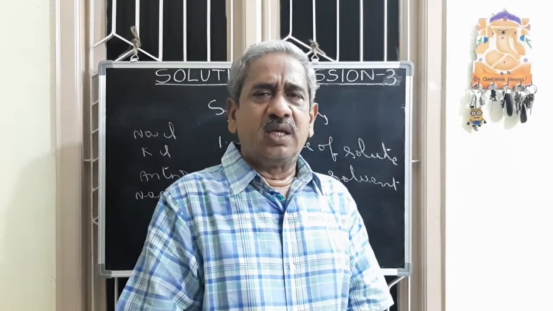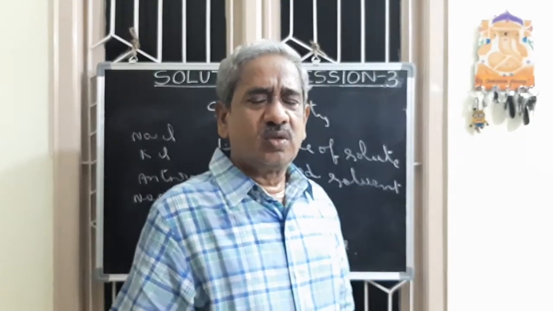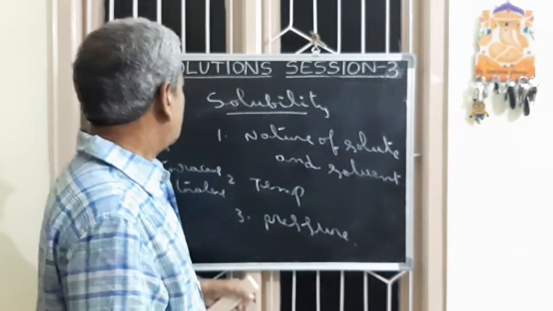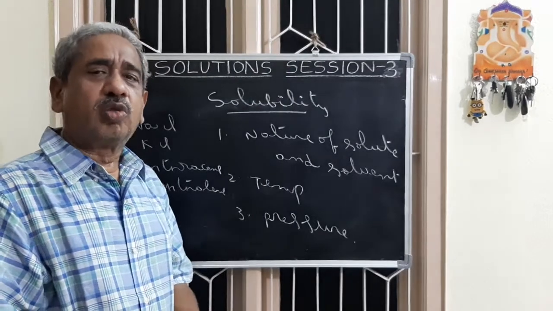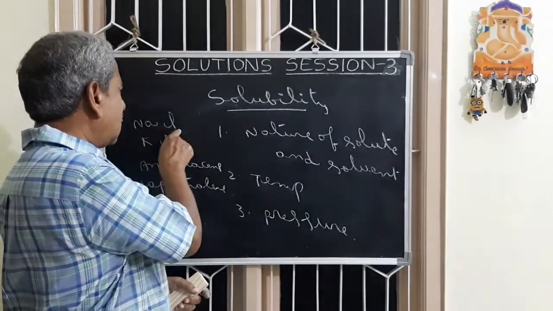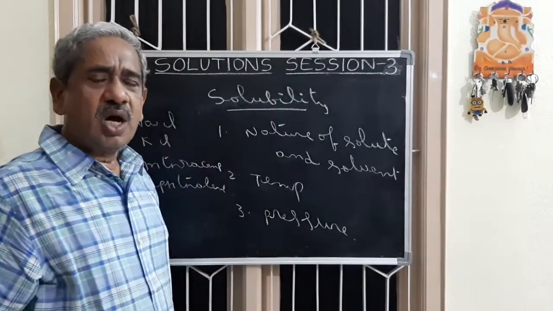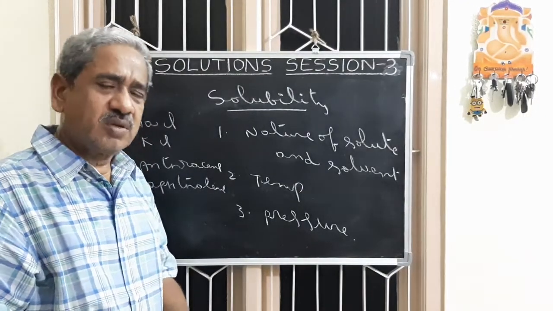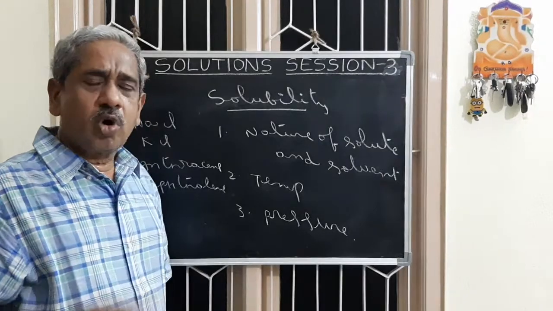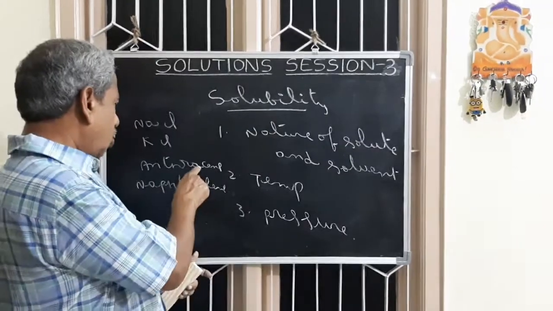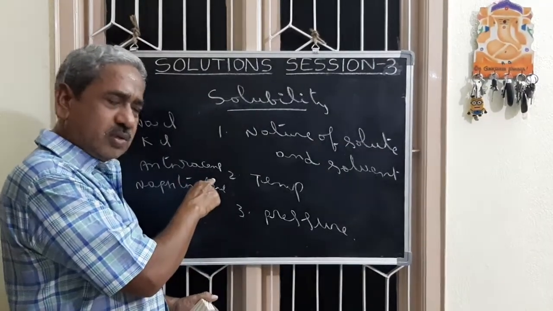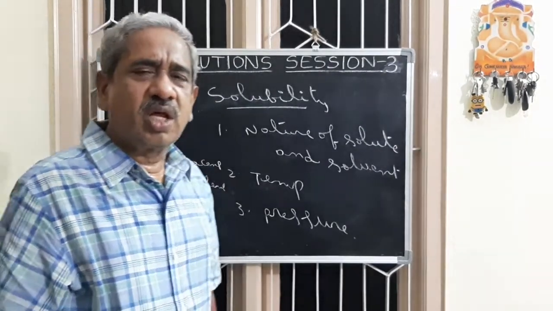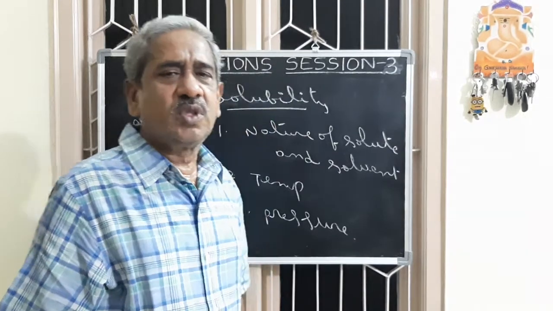On analyzing these facts, we can conclude that polar solutes, ionic compounds, are soluble in polar solvents like water, and non-polar solutes, which are organic compounds, are soluble in non-polar solvents like benzene.